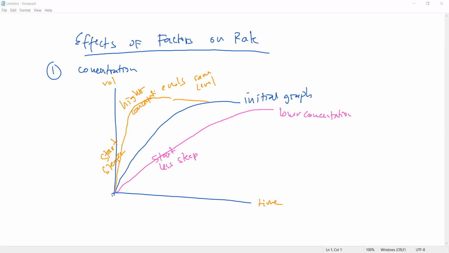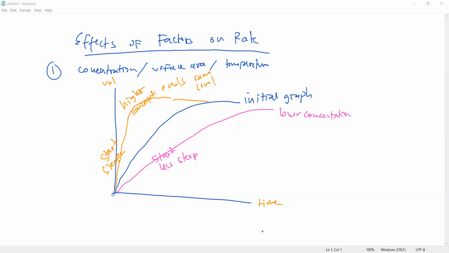This is the effect of concentration. In fact, this is going to be the same shape we're going to have for the three effects. This is going to be the same with concentration, or the surface area, or the temperature. All of them are going to have the same effect here.